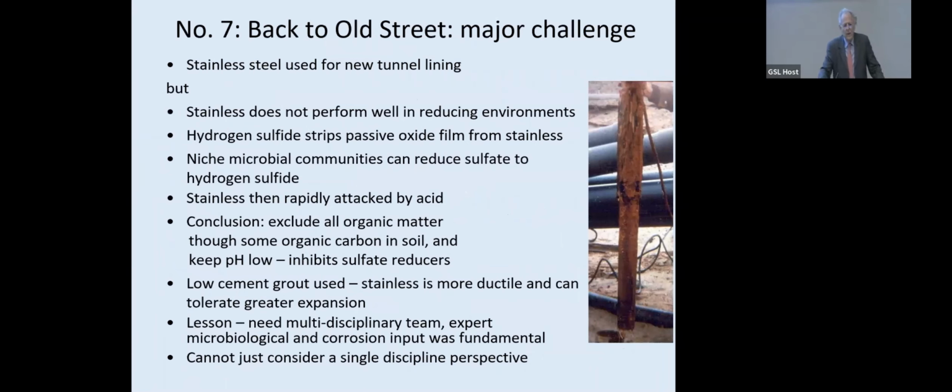Another problem is that if you get anoxic systems, like say the iron slime on a dewatering pump, stainless steel is not good in an anoxic environment. Stainless works because it forms a passive oxide film. If you cover it in slime, then you can get pits in the metal.